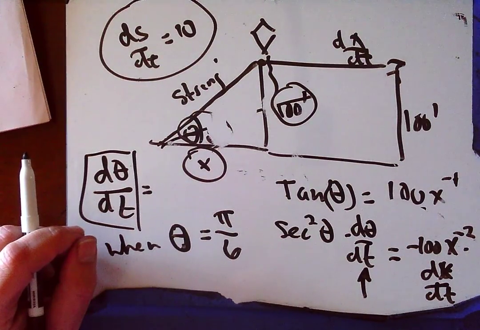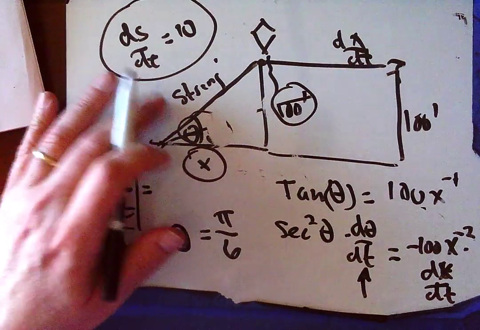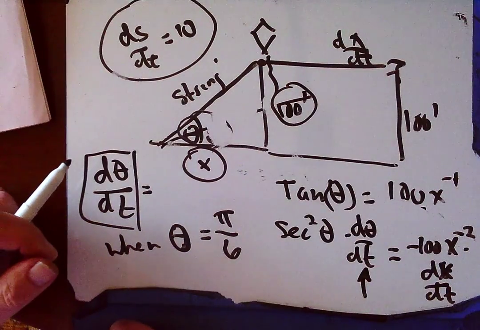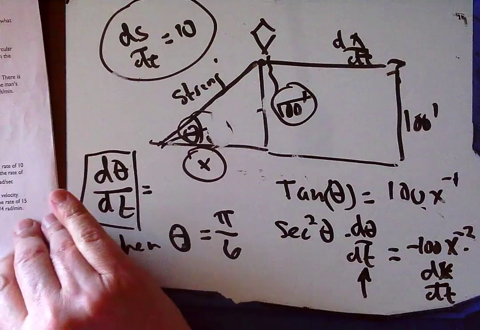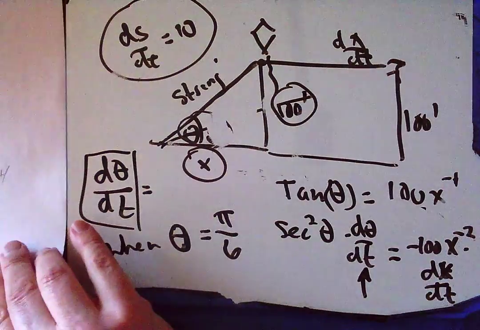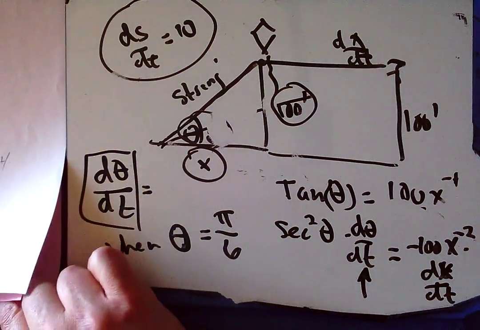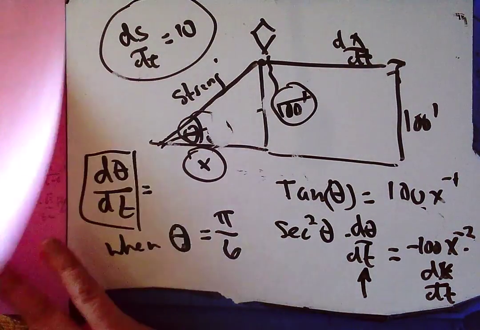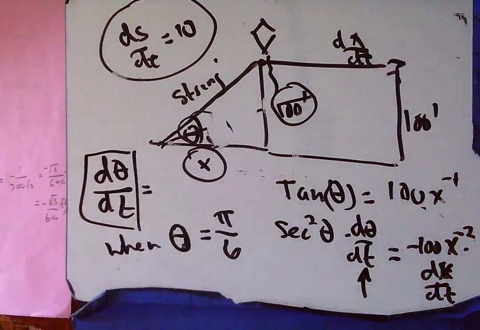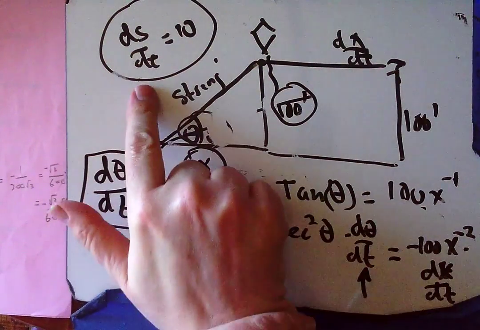But, yeah, I need string. I need to use ds/dt. So, what can I say about ds/dt? Well, I think there's no getting around it. I need to use the string.